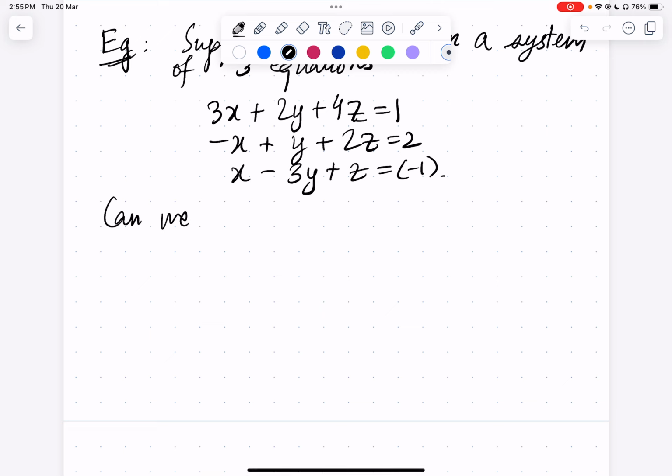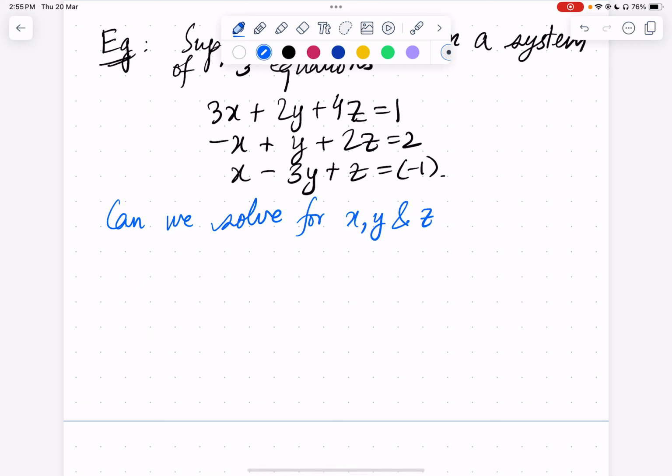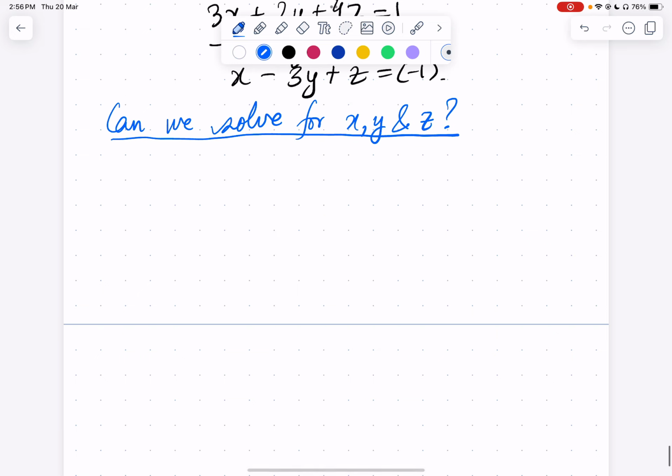Can we solve for x, y, z? So let's see if we can use the same technique.